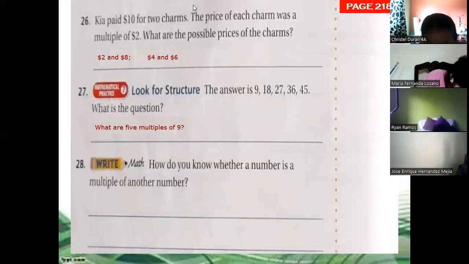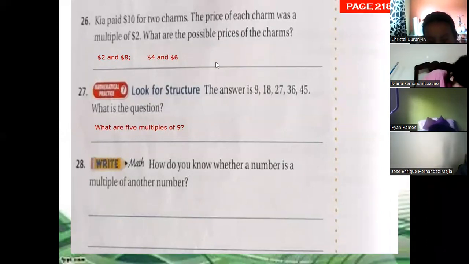Where can you find those numbers? They belong to a table. What table? The 9 table. So these are not factors, so they are multiples. What are 5 multiples of 9? That's the question. Or it could be what are multiples of 9? But these are 5, so we write 5.